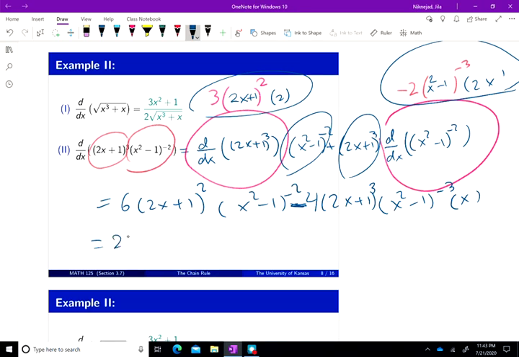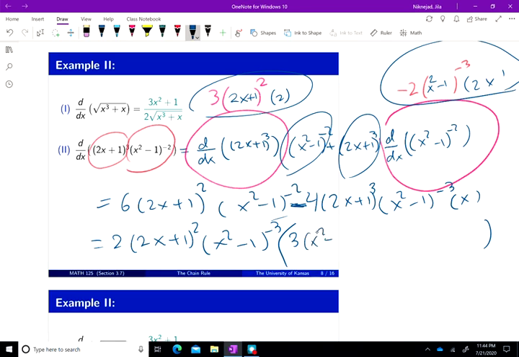So I do 2x plus 1 to power 2, and then x squared minus 1 to power negative 3. And what is left from the first bunch is 3, and x squared minus 1 to power negative 3 divided by x squared minus 1 to power negative 2, which divided by x squared minus 1 to power negative 3 is x squared minus 1.